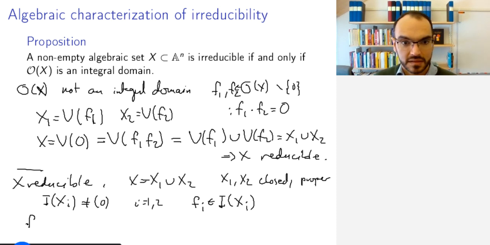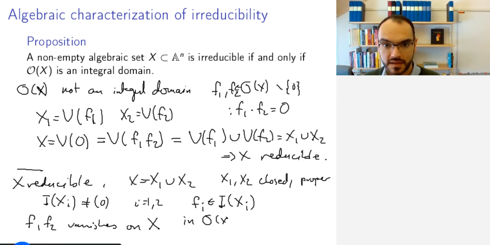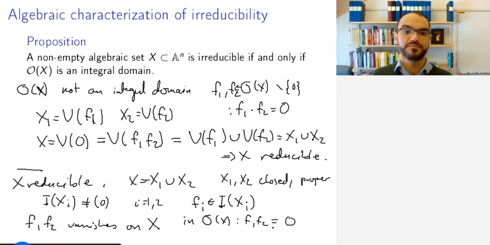But then f1 times f2 vanishes on X, because f1 vanishes on X1 and f2 vanishes on X2. And so in this algebra, f1 f2 is 0.